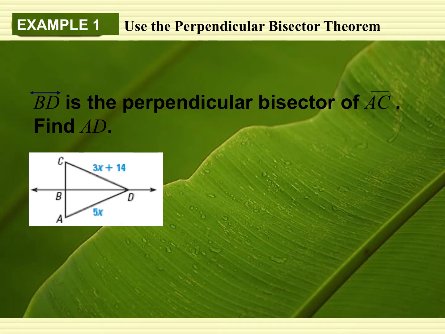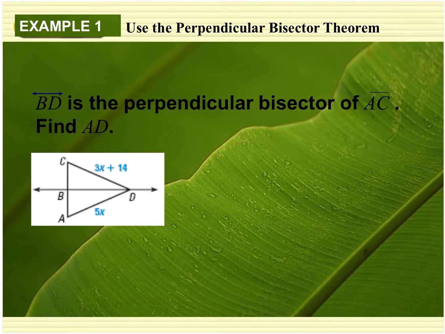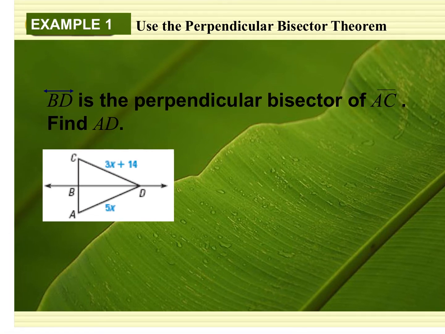Our first example, using the perpendicular bisector, notice they've stated that BD is the perpendicular bisector of AC, and they want us to find the length of AD. So since they're telling us BD is the perpendicular bisector of AC, I know that that is going to have a right angle here, and it splits AC into two congruent pieces.